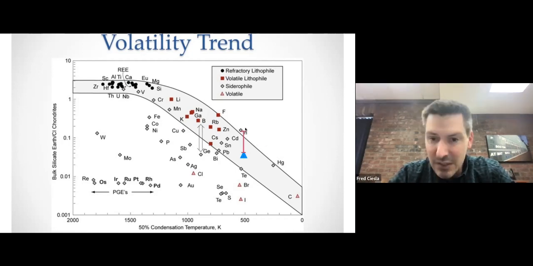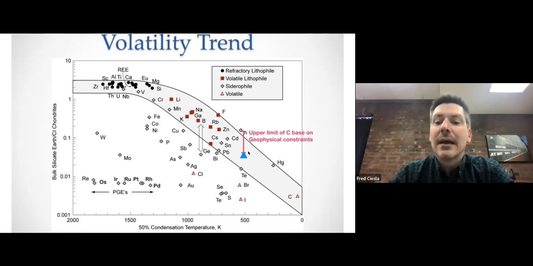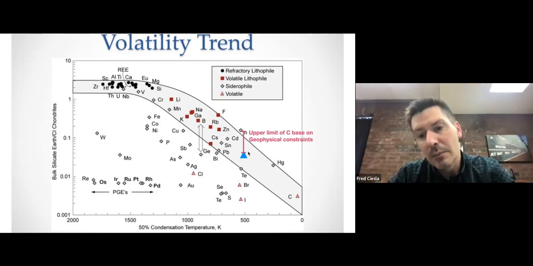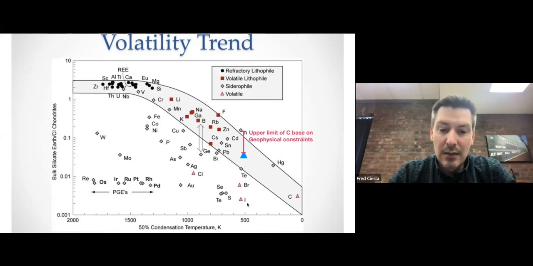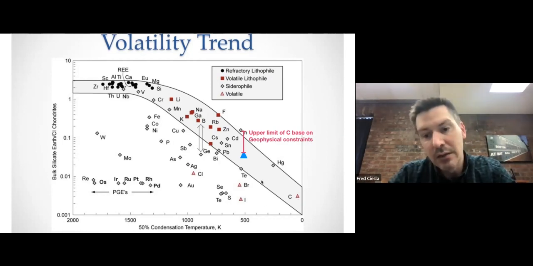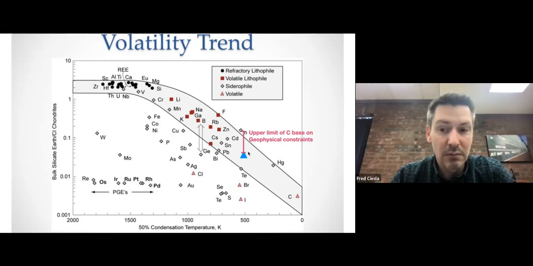And based on our estimates, based on geophysical arguments, that's pretty close to what we have estimated as being the carbon inventory of the Earth. So we think this condensation temperature doesn't represent a gas to solid reaction, but rather a sublimation, a warming of cooler interstellar media solids that would have set at least the carbon inventory for the Earth and potentially the meteorites and the planetesimals that they formed from.